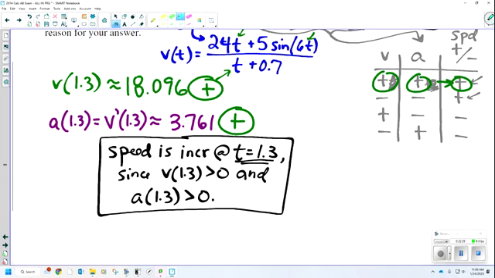Don't just say since velocity is positive. Say since the velocity at 1.3 is positive. Don't say, well, acceleration is positive. No, the acceleration at 1.3 is positive. Because who knows? Maybe the acceleration at 7 is negative. I don't know. Be specific to what they ask of you.